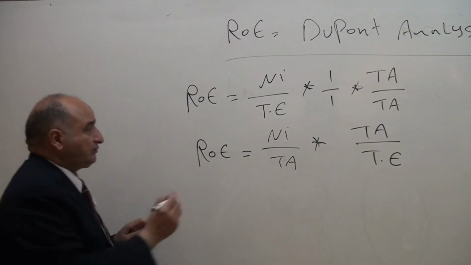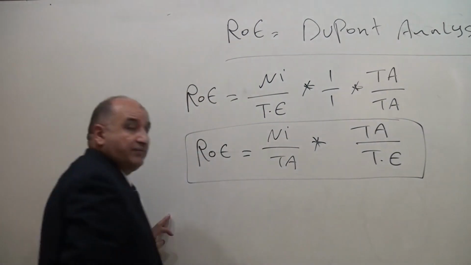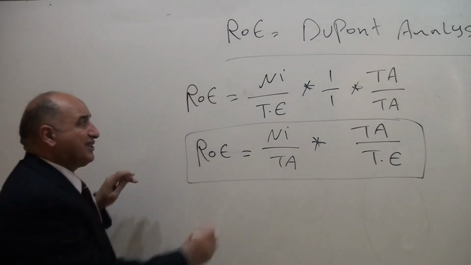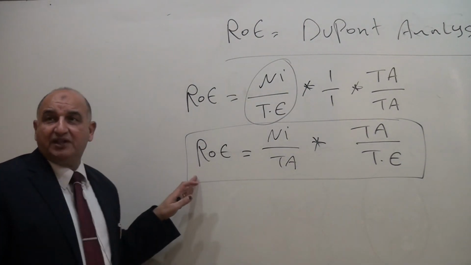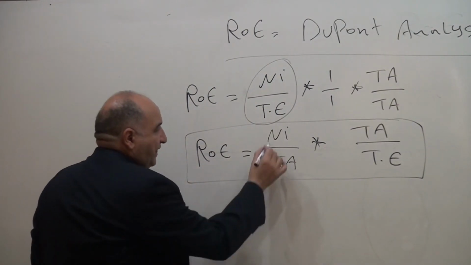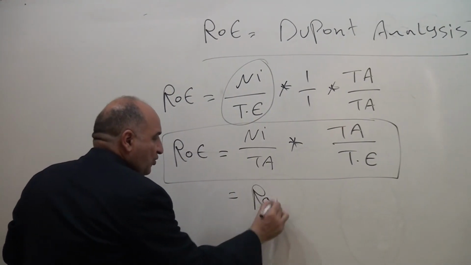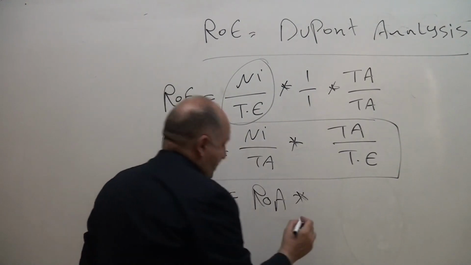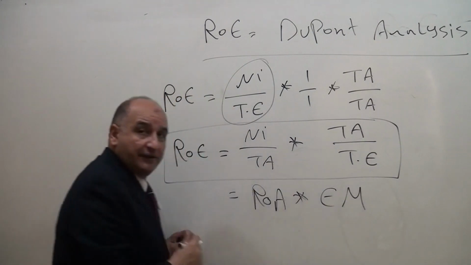So this is the second equation. The first equation, ROE, is the normal one. The second equation for calculating the ROE: take this one, which, as you may remember, is the ROA, multiplied by, I wish you still remember this one, yes, this is the equity multiplier.